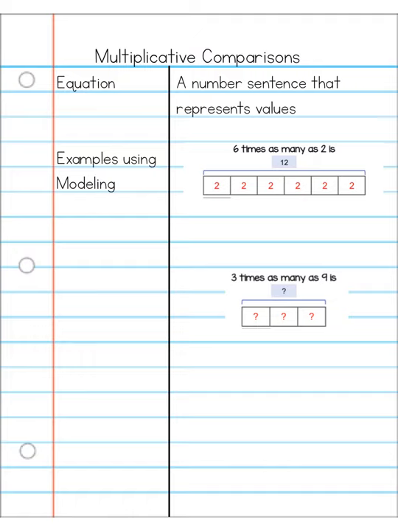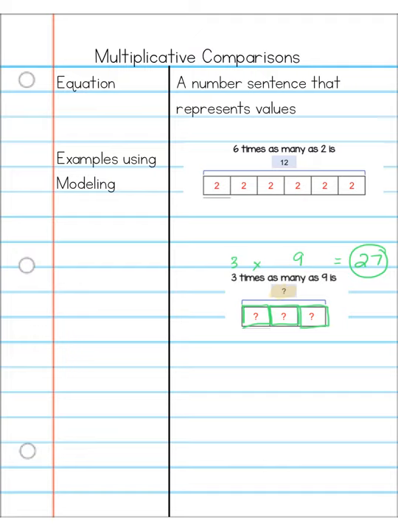The next example gives us the statement 3 times as many as 9 is, and you can see that the question mark is asking us for the total. Again, we can use our keywords 3 times as many as 9, and that word is means equals. And I know that 3 times 9 is 27. It's also asking me here with the question marks inside my equal groups, how many are in each of these blocks.